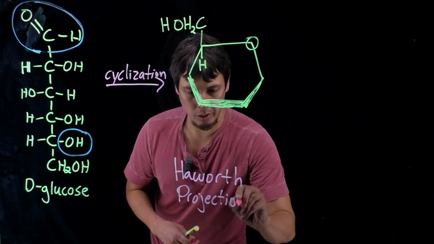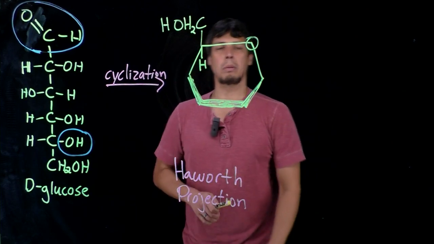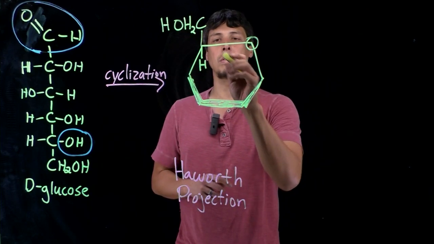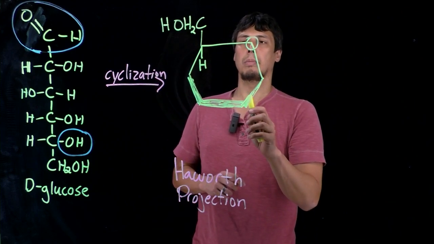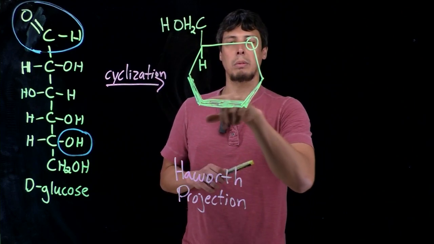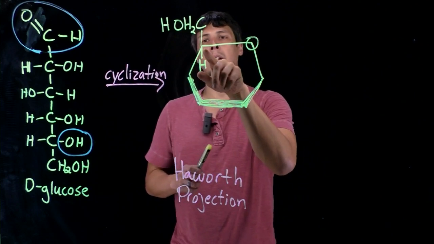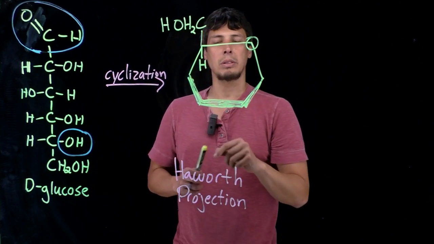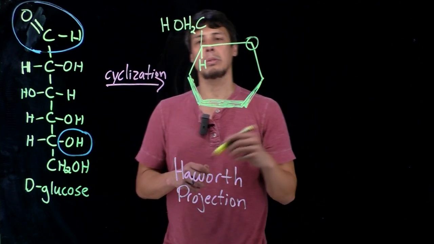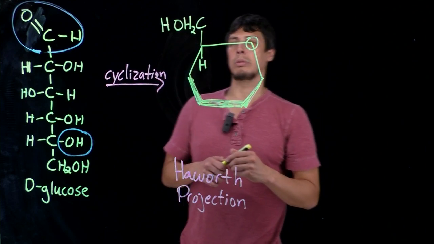And in this, we show the ring, the 6-membered ring of glucose, or of the sugar in this case, as the 6-member ring, and then there's going to be an up and a down position to indicate the stereochemistry, and that shows where these functional groups are.